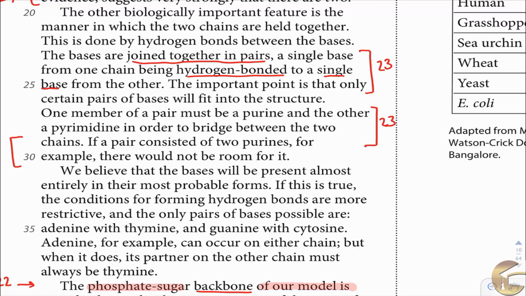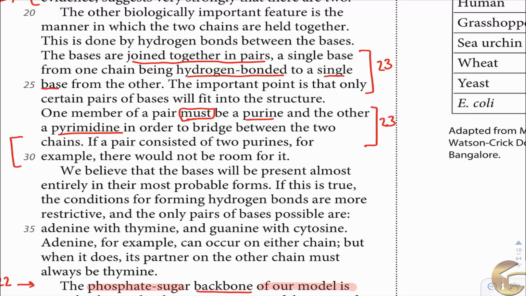And then you have D. It says one member of a pair must be a purine and the other a pyrimidine. So if you look, they're both kind of talking about some sort of pattern here. But if you notice, D is a little stronger. It says must. It has to be in this way for it to work. Whereas C, it's not as strong in its language.